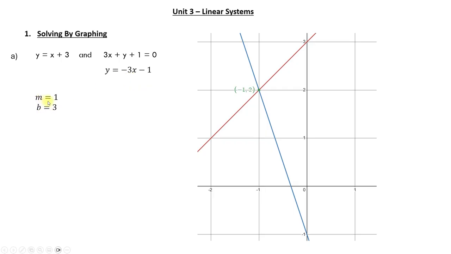Here, the slope is 1 and the y-intercept is 3. Here, the slope is negative 3 and the y-intercept is negative 1.